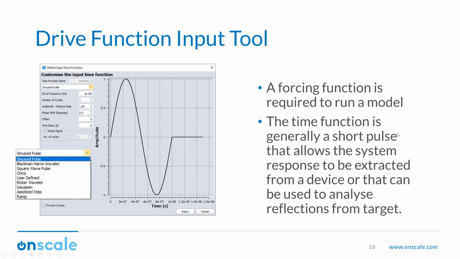You are basically giving it a drive function, because your pressure has to have this pulse in the time domain. The way the pulse itself is defined is by giving it a time distribution, which is called a drive or a forcing function. So it's the same thing.